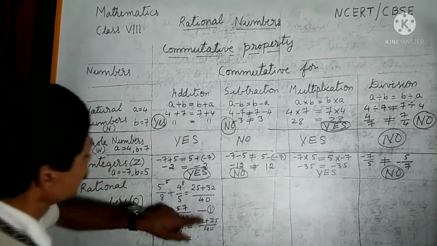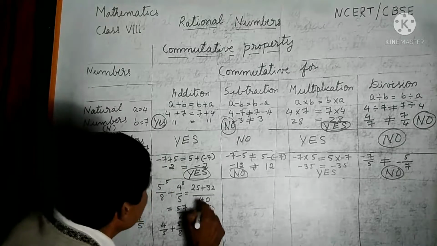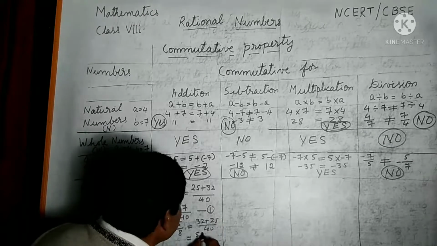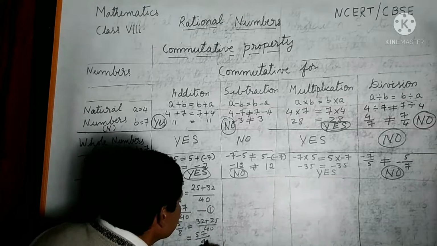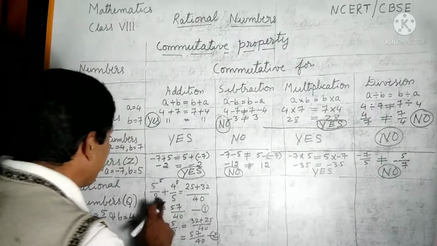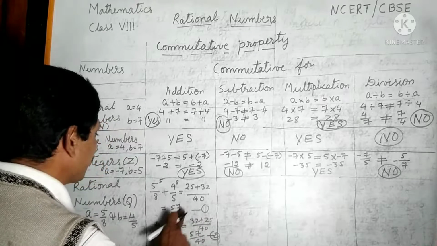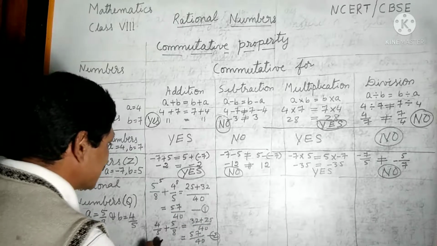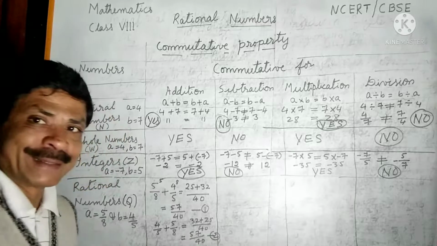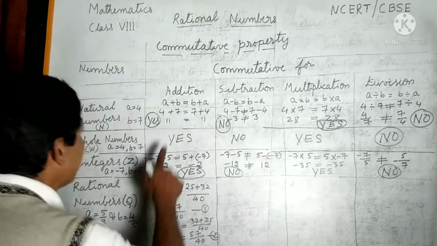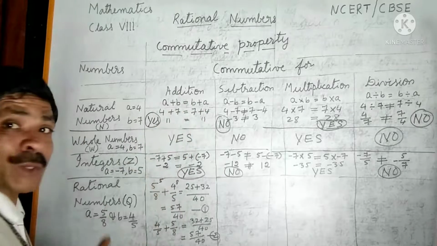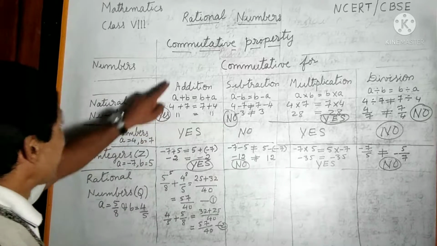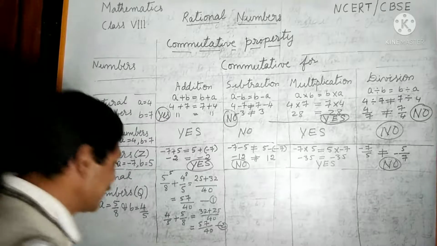This is equal to 57 by 40. A plus b is 57 by 40 and b plus a is equal to 57 by 40. That means that a plus b is equal to b plus a. Addition is commutative.